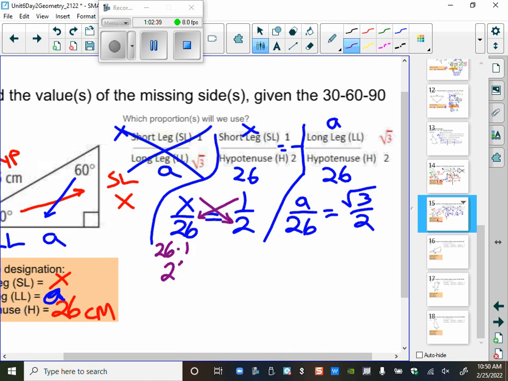What's x times 2? 2x. Well, we can solve for x. That's real simple. X is going to be 13. Okay, 13 is x. So we have an x value.